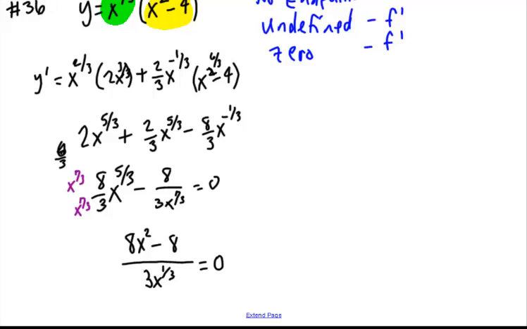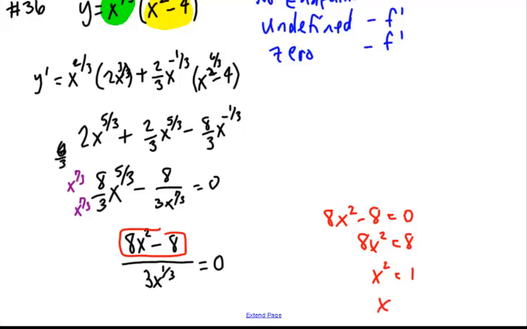And so to find the 0 part, take your numerator right here, 8x squared minus 8, set it equal to 0. And so when x is plus or minus 1, we've got critical points there. Okay? And then, to find where you're undefined, take the bottom and set it equal to 0.